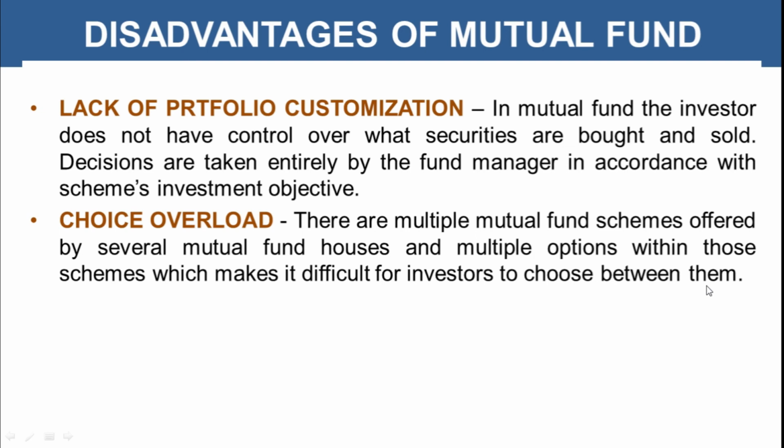Therefore, it became necessary to classify the mutual fund schemes into broad categories. When you go to invest your money in a mutual fund, you would be asked a few questions: what is your risk appetite, what return percent you would like to have, and what is your investment objective. According to that, the investment would be made in a particular mutual fund scheme.